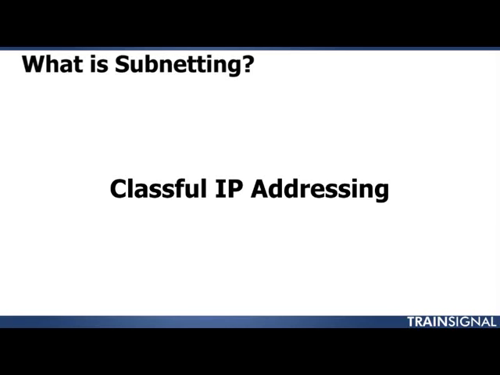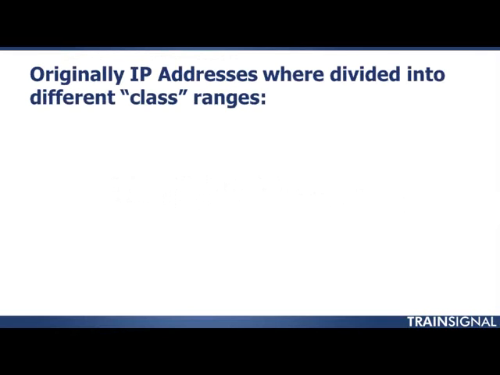Now, I mentioned in a previous lesson that we were going to talk about something called class-full IP addressing. And so this is where I want to talk to you about it. Originally, our IP addresses were divided into what's called class ranges. We had an A, B, C, D, and E class range of IP addresses.